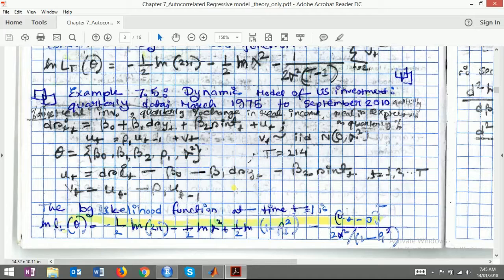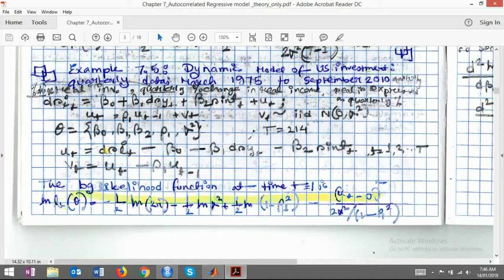The quarterly percentage change in real investment is expressed as beta naught plus beta 1 times the quarterly percentage change in real income plus beta 2 times the quarterly percentage change in real interest rate, plus ut.